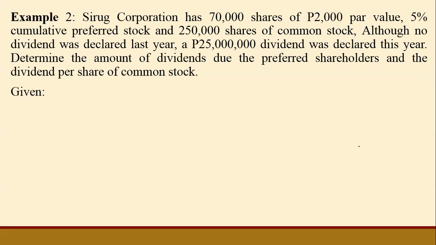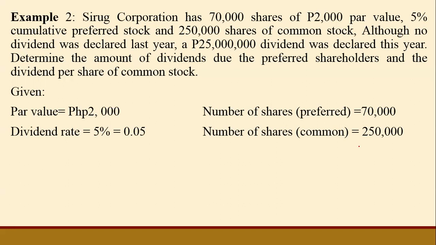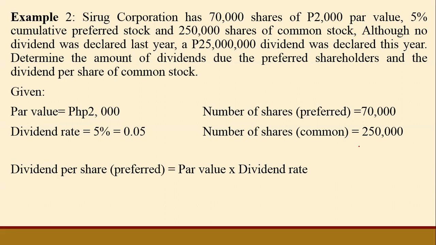So we have the given par value 2,000, number of shares of preferred stock 70,000, dividend rate is 5% or 0.05, and the number of shares for common stock is 250,000.